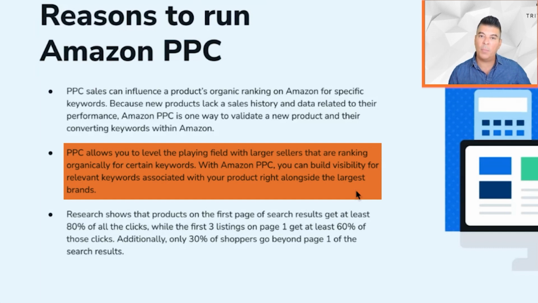So with Amazon PPC, even if you're not ranked high organically, as long as you're showing high on the search results page for those particular placements, you're right alongside larger sellers, older sellers, and even national brands. So to the shopper, it evens the playing field for you.